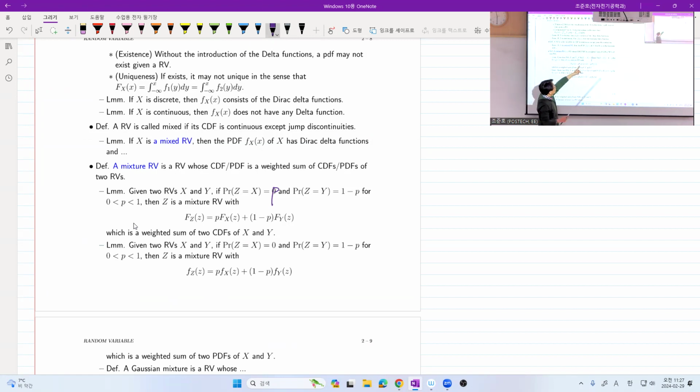And see that here, p is multiplied by the CDF of X, and 1 minus p is multiplied by the CDF of Y. In this case, it's a weighted sum, or you can say a mixture, of two random variables. Since the PDF is simply defined as the derivative of the CDF, and the derivative is a linear operator, you can differentiate the first term, you can differentiate the second term. So you have what? The PDF of Z is the weighted sum of two PDFs, or a mixture of these two.